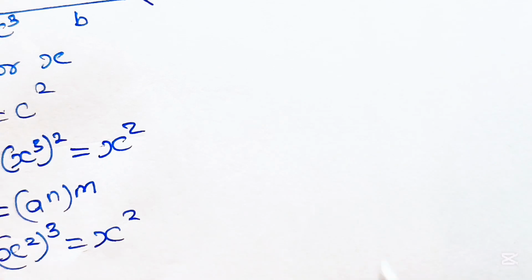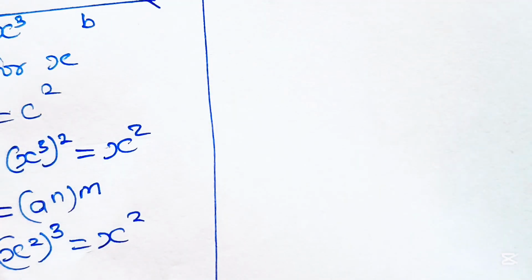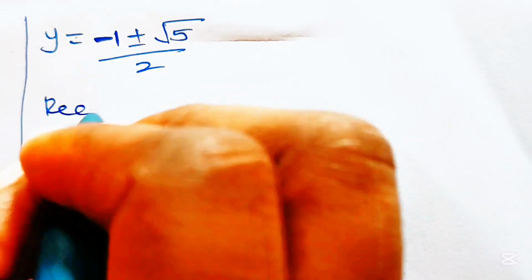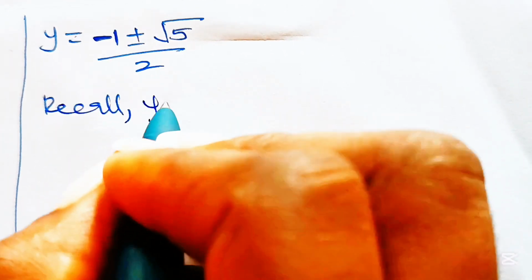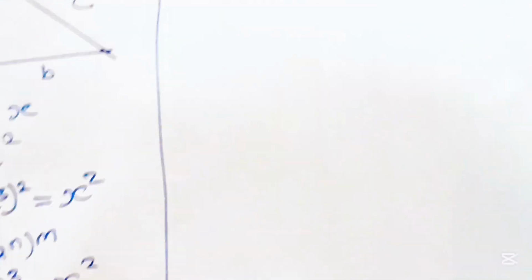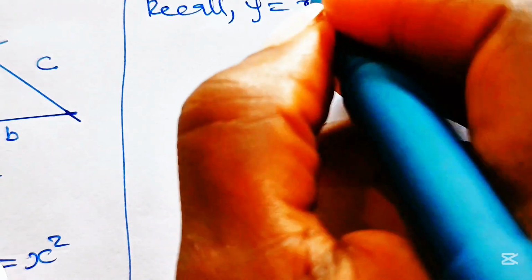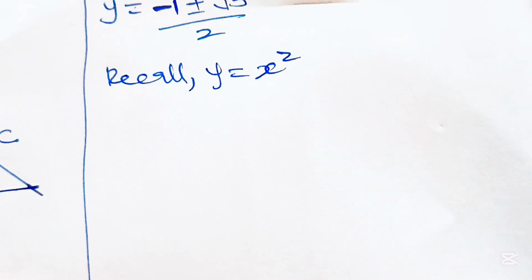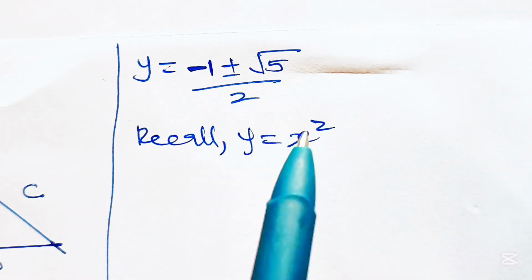All right, permit me to draw this line. Now this is where we are. At this point, let's recall that x squared is equal to y. So recall that y is equal to x squared. So we are going to replace this y with x squared.